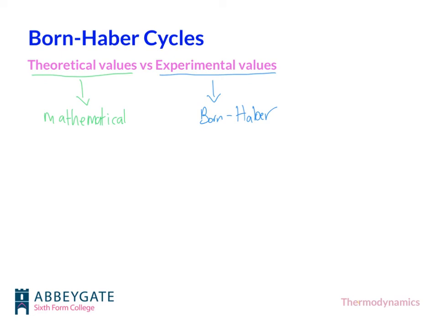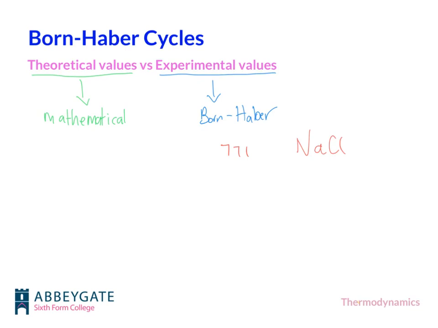And just to show you what I mean by that, if we consider sodium chloride, which we just looked at on the previous page, it has an experimental value derived from a Born-Haber cycle of 771 kilojoules per mole.